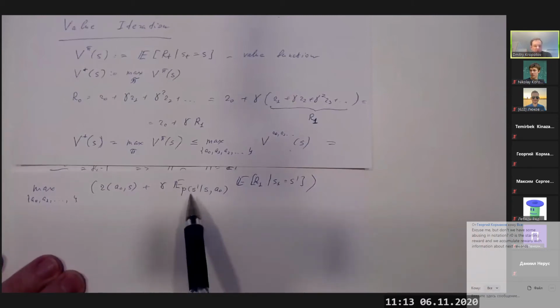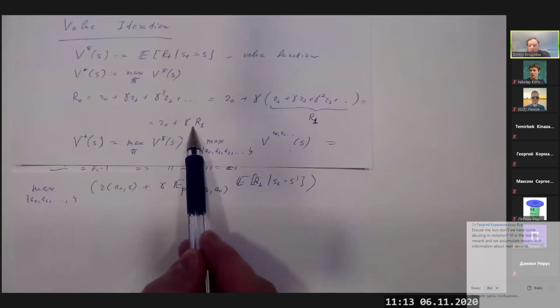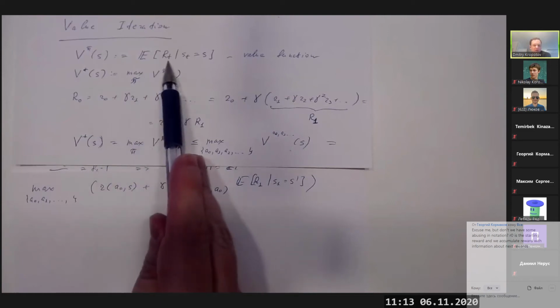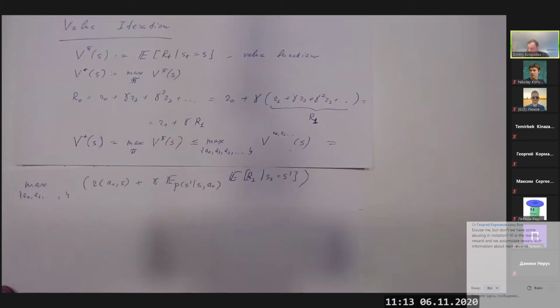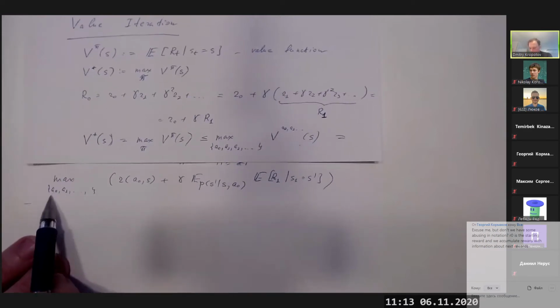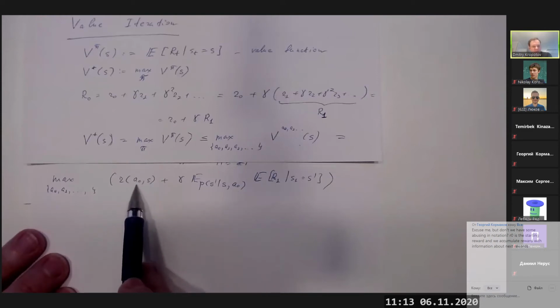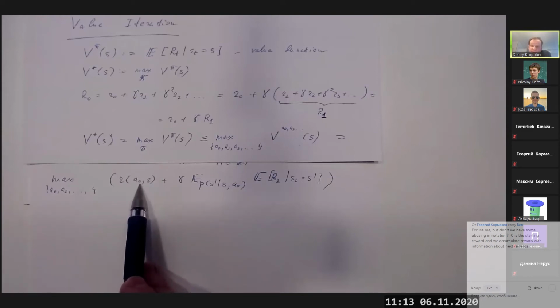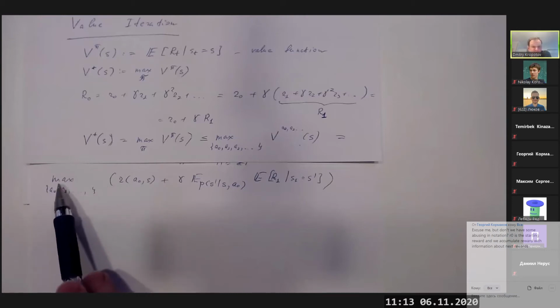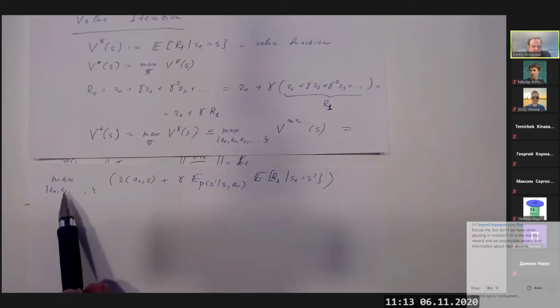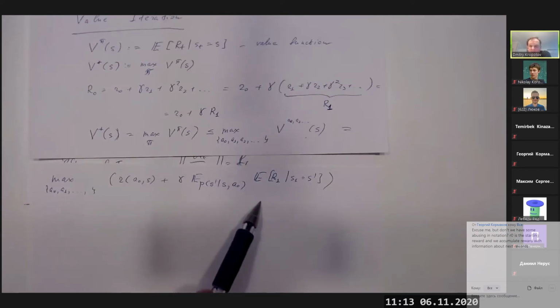So here I have used this recurrent formula and added an expectation, because our V function is actually an expectation of a cumulative reward. So we have a max over all possible actions, and here the sum of two terms. The first term depends only on A0. It means that we may move the maximization over all other actions, starting from A1, A2, etc., inside the expectation, using the distributive property of max and sum operations.